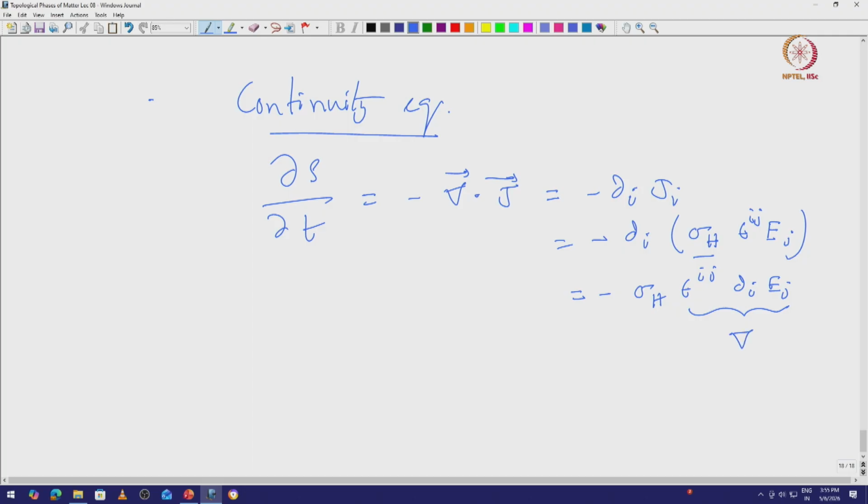So this is curl, right. So the change of the curl of the electric field is related to the magnetic field through Faraday's law.